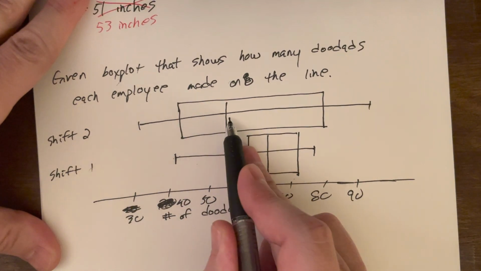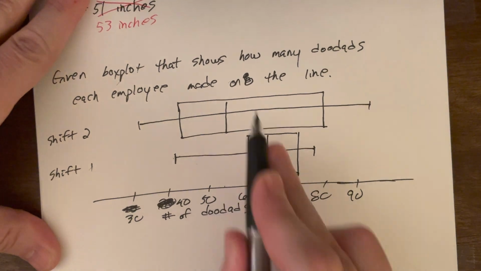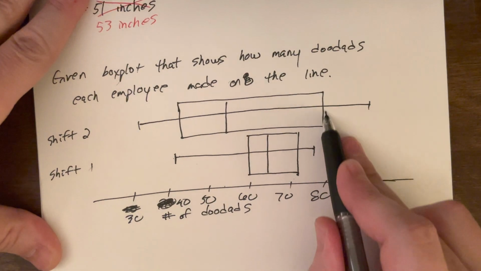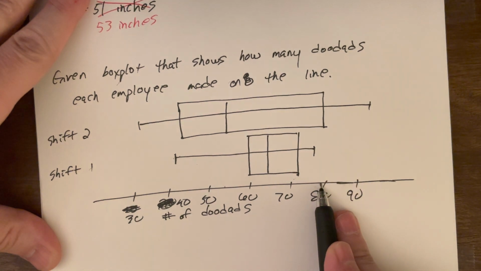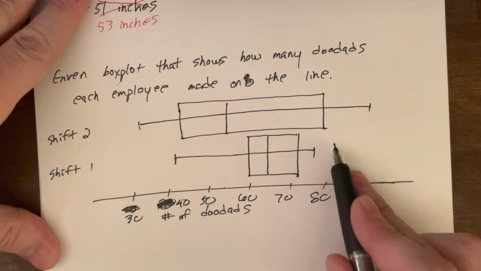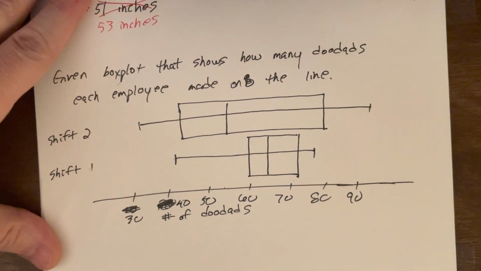Then 25% make between 43 and maybe about 53 doodads. Then another 25% make between 53 and maybe about 79 doodads. And then we still have another 25% of the employees that make between 79 and 91 doodads.